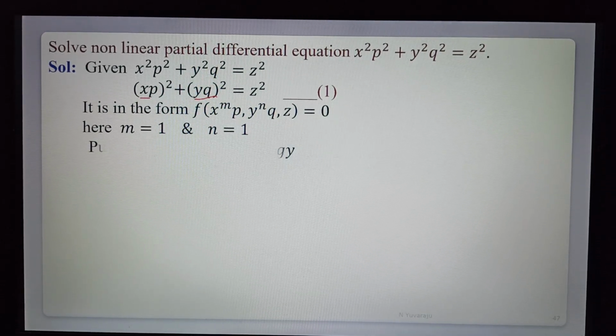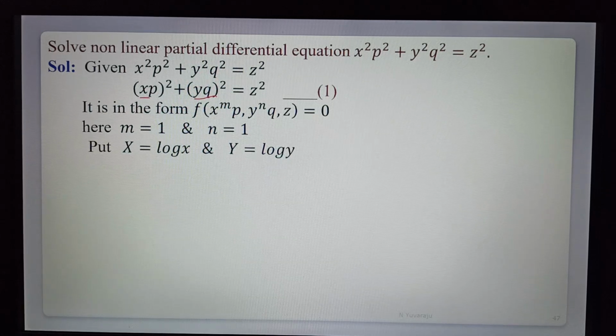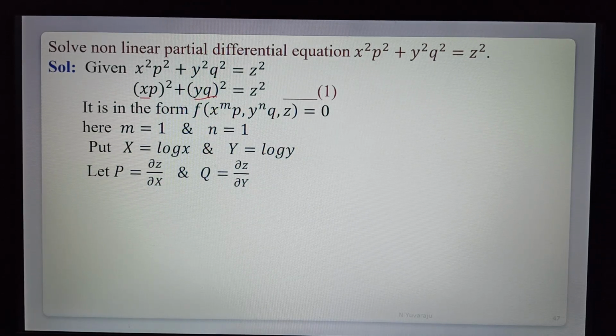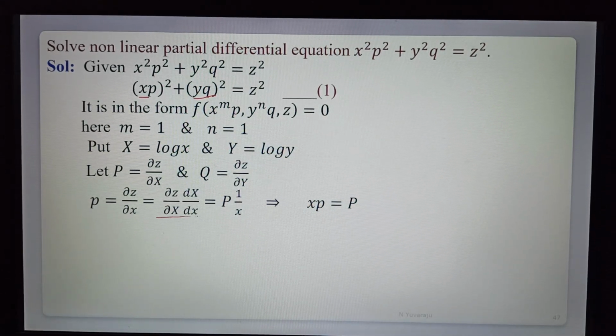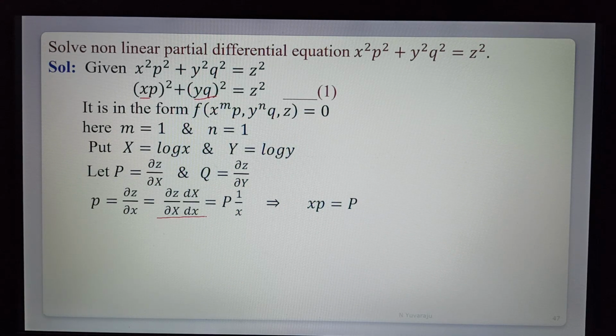Substituting capital X is equal to log x and capital Y is equal to log y. Similarly, let capital P is equal to dou z by dou capital X and capital Q is equal to dou z by dou capital Y. Therefore small p is equal to dou z by dou capital X into dX by dx, that is the derivative of log x, which is 1 by x.